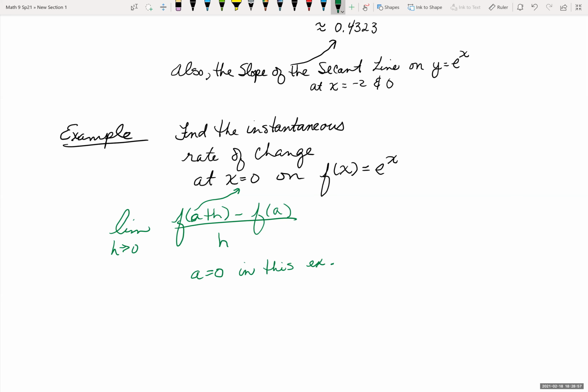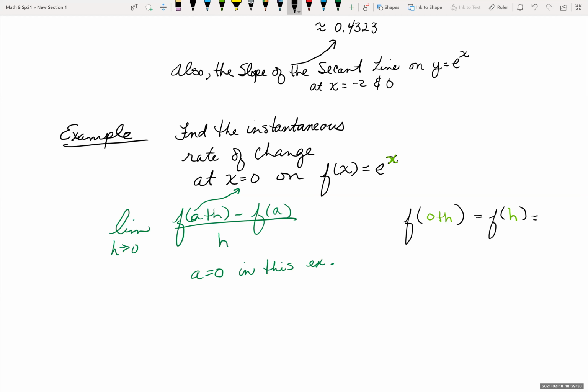So let's go through and look at f of 0 plus h. f of 0 plus h is just f of h, right? So we're going to go into our function f of x, and wherever we see an x, we're going to replace that with h.